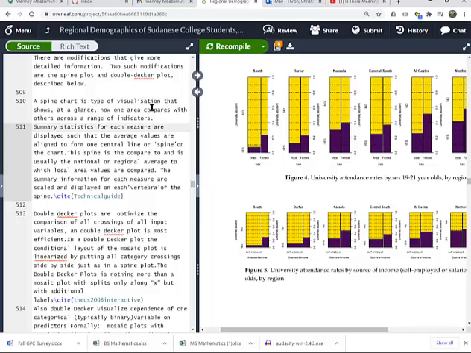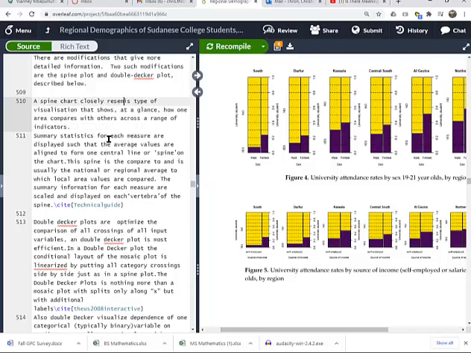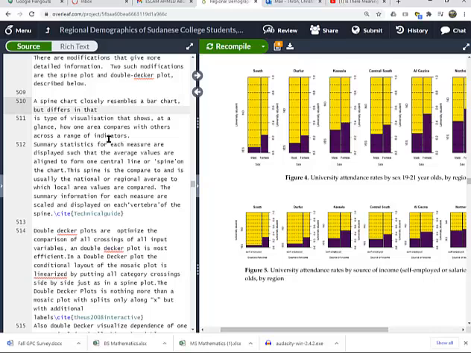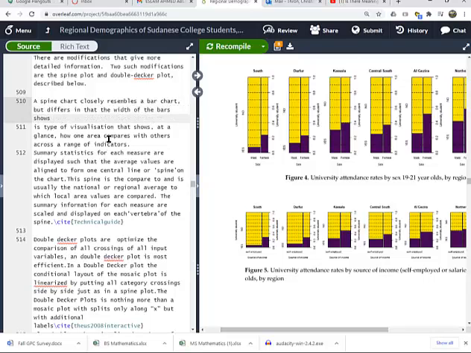So you can say the spine chart closely resembles a bar chart, but differs in that the width of the bars shows the relative sizes of the categories.